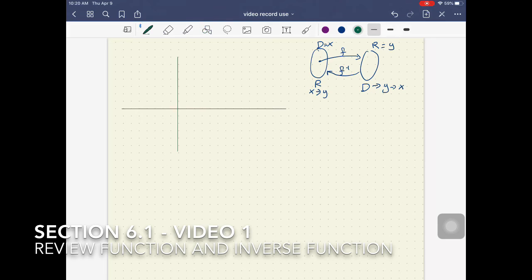Okay, so I have the starting points 2, 4, 0, 1, negative 2, 0, and negative 3, negative 2.